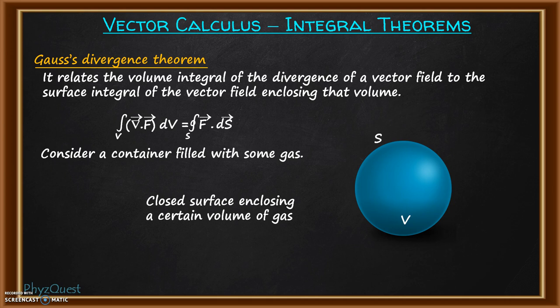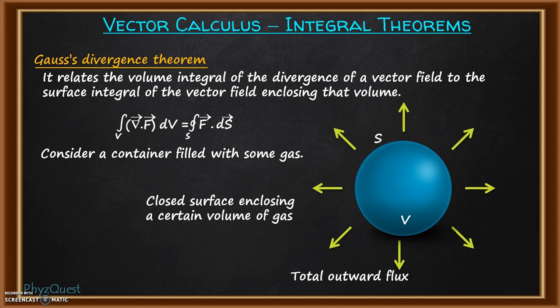This will cause an outward flow of the gas in all directions through the surface S, and this outward flow of gas in all possible directions is the outward flux through the surface S. Therefore, the total gas coming out is equal to the total outward flux through the surface S.